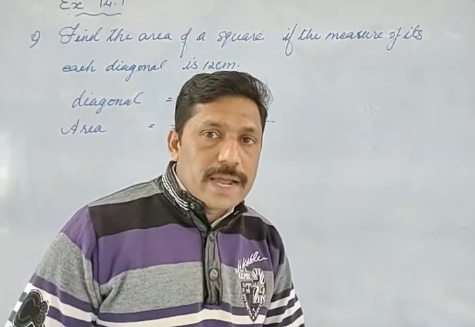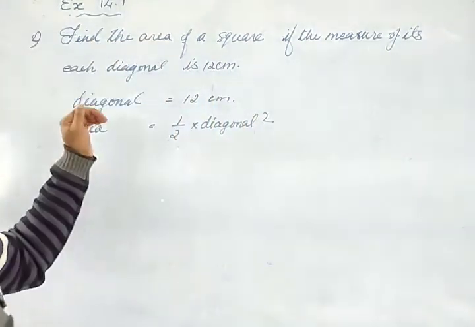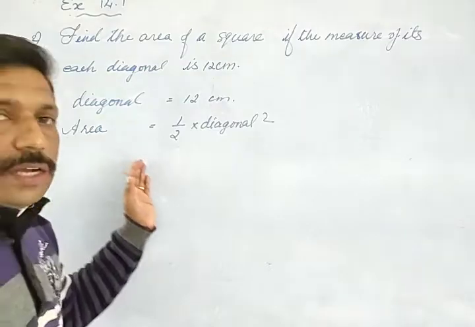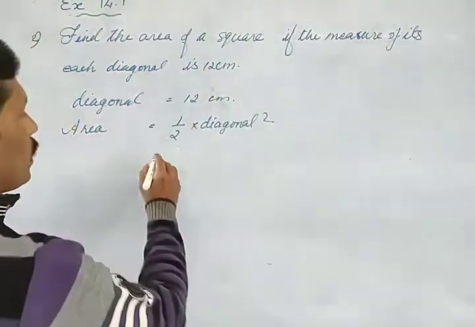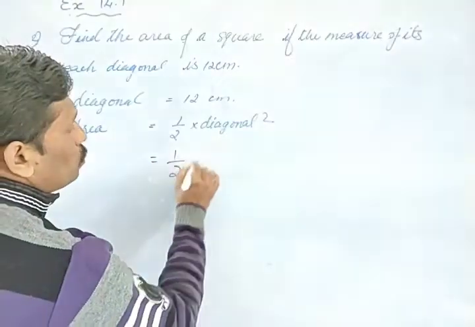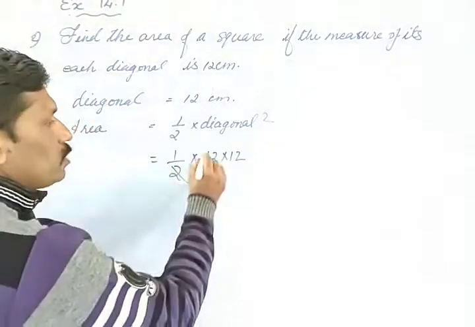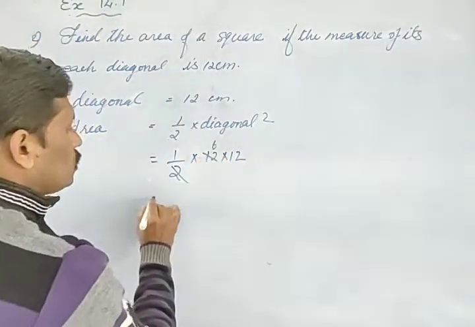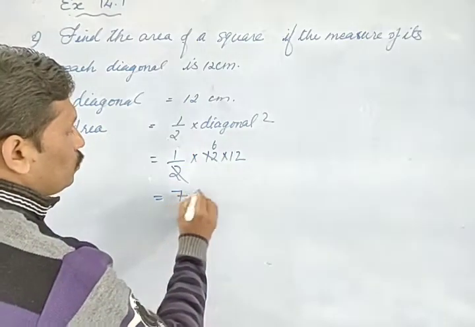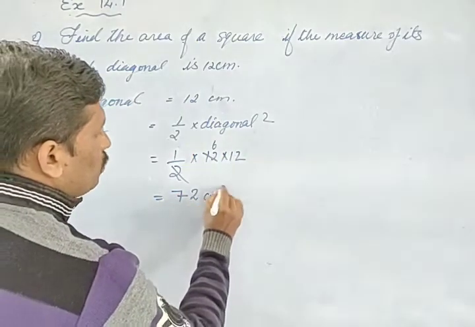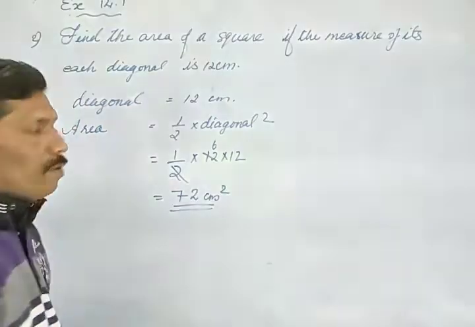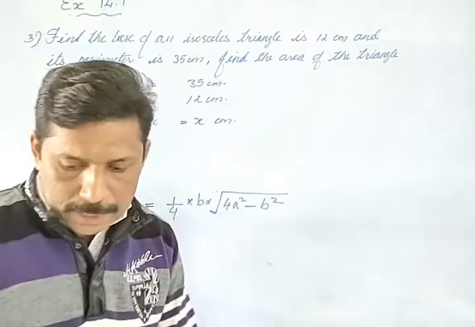So here, diagonal is 12 centimeters and area is half into diagonal square. That means it is 1 upon 2 into 12 square. 12 into 12. Here 2 and 12 we can cut, 6. 6 12's are 72. 72 centimeters square is the area of that.